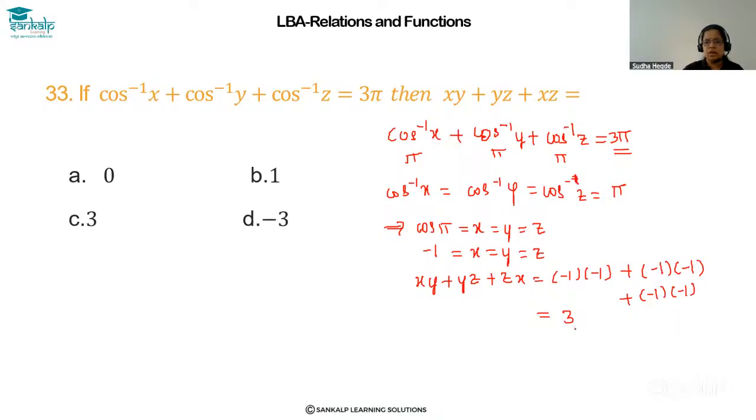So xy plus yz plus zx is equal to 3. So option C, 3 is the correct option. Got it right? Thank you.